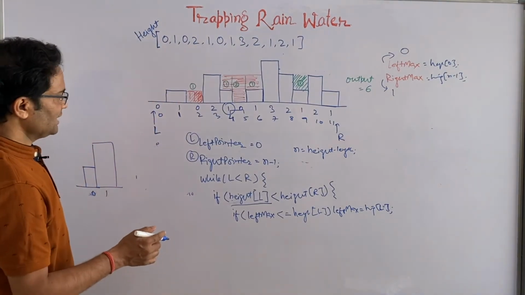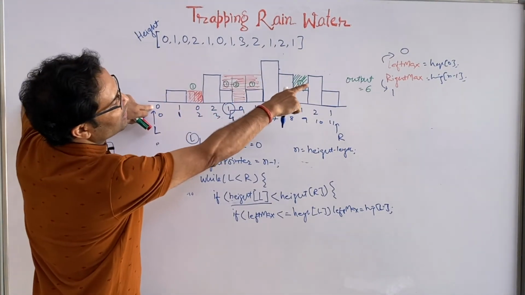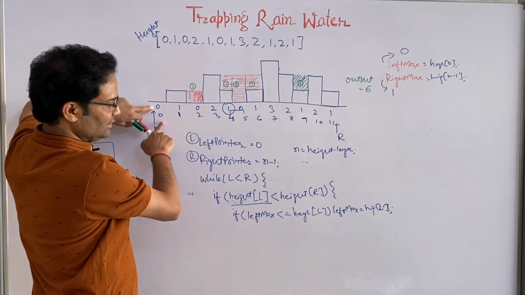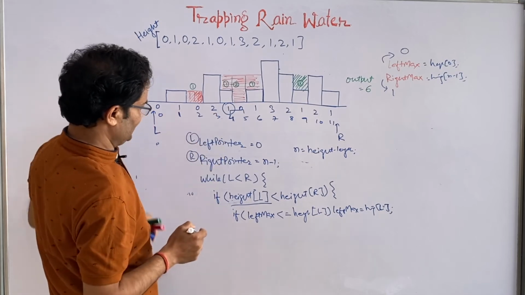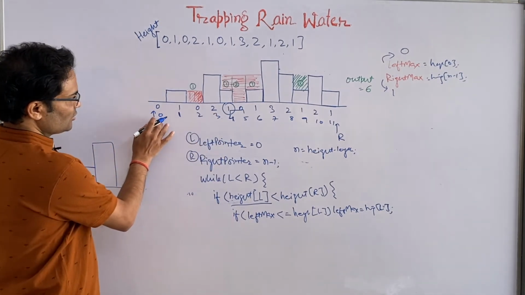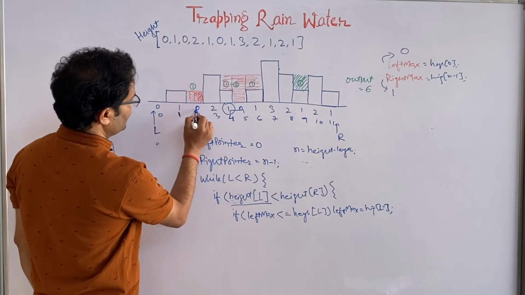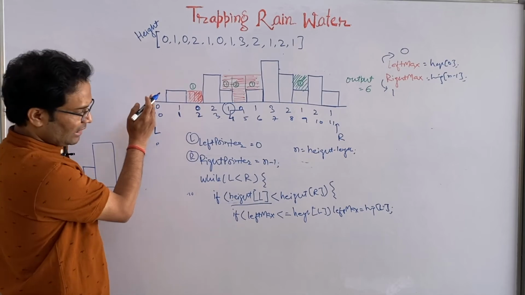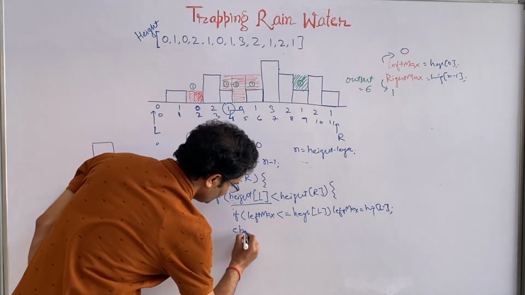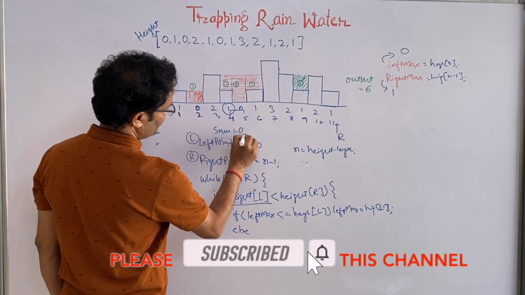Now this time if you are here, of course the left max is also 0 and the height is also 0, so there is no need to do anything, we update with 0, but the next time it will update. But suppose this is not the case, for example the index is equal to 2. In this case the left max is higher, so what you have to do is take sum equal to 0.